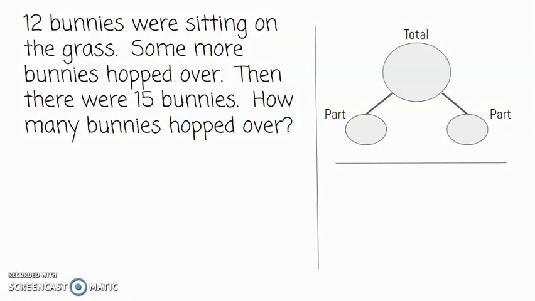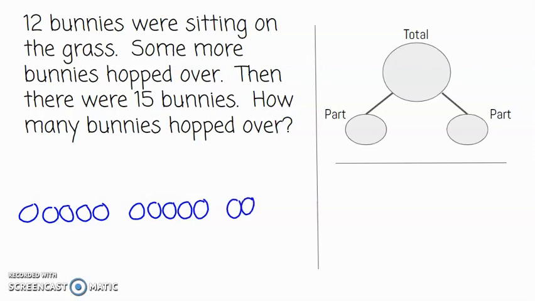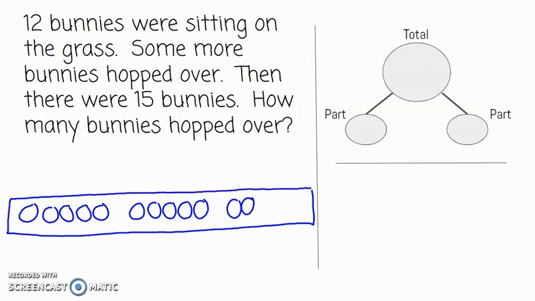In this next problem, we will introduce a tape diagram. A tape diagram is one kind of graphic organizer that can help students represent their thinking. In the problem, 12 bunnies were sitting on the grass, and I can show that by drawing my 12 circles. And placing them inside this rectangle that looks like a piece of tape that I might find where I live or in my classroom.